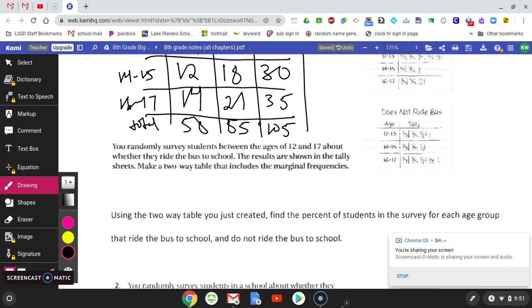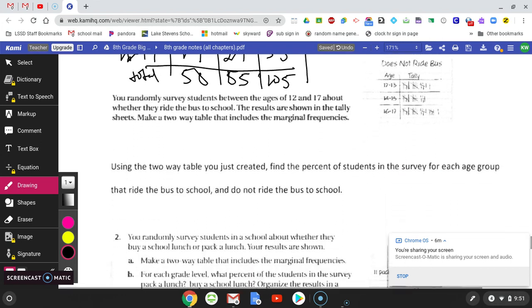So now it says, using the two-way table you created, find the percent of students in the survey for each age group that ride the bus to school and do not ride the bus to school. So how do we find percents? You're going to take your number divided by the total for that section.